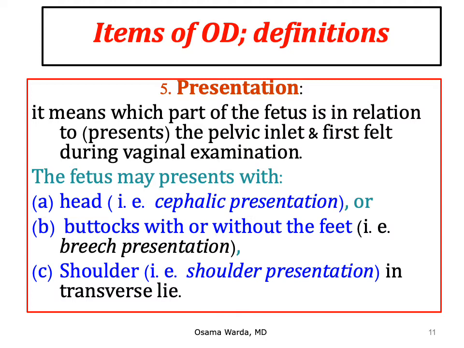Or the fetus presents with its buttocks, with or without the feet, and this is called breech presentation. And the last possibility, when the lie is transverse, the fetus presents with its shoulder. However, we should know that cephalic presentations are not a single presentation. It differs according to what's called fetal attitude.